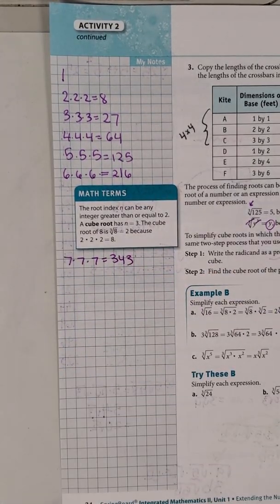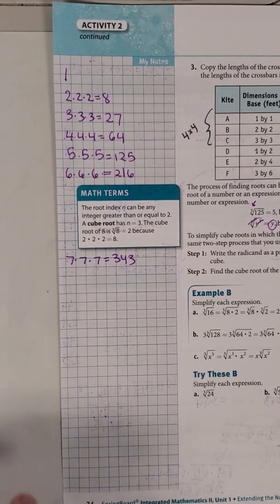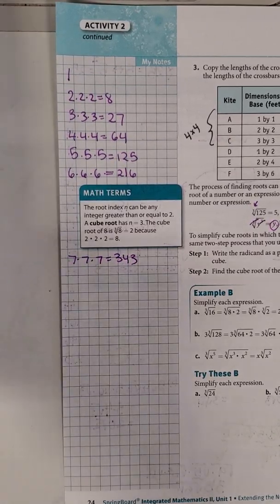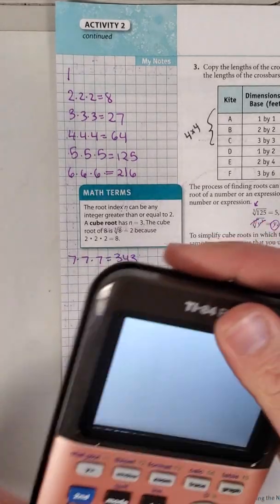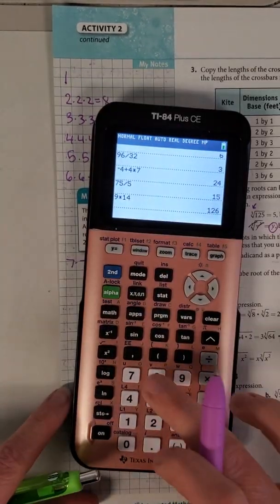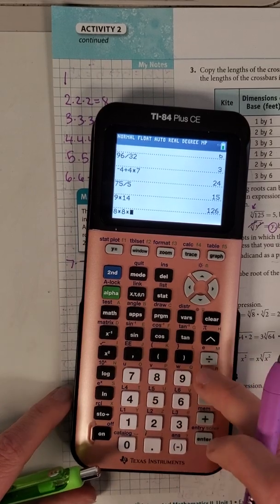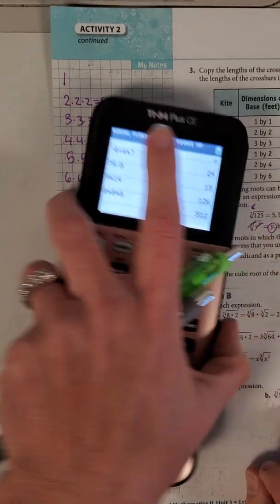All right, I would expect you to know at least through 7, but you should also know 8 cubed. So on your calculator, we're going to do 8 times 8 times 8, which is 512.